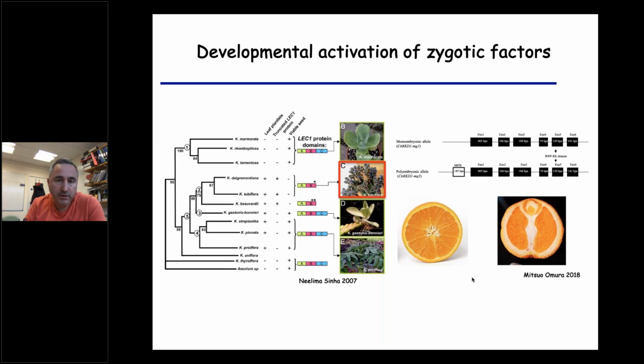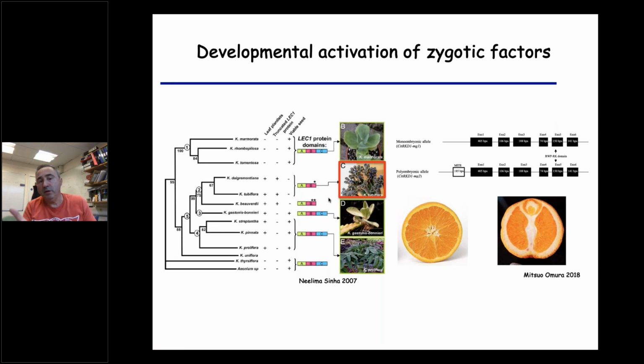And what she found is that some of these Kalanchoes, which have this ectopic formation of somatic embryos, are linked to the truncation of a zygotic factor known as LEC1, which is very important for embryogenesis. And some other species have a conditional somatic embryogenesis or asexual programs, which are always associated with the truncation of this transcription factor.